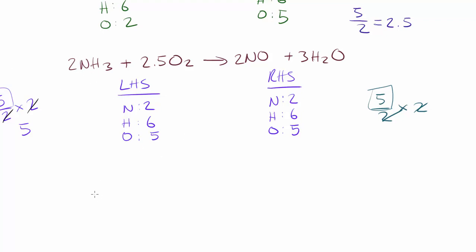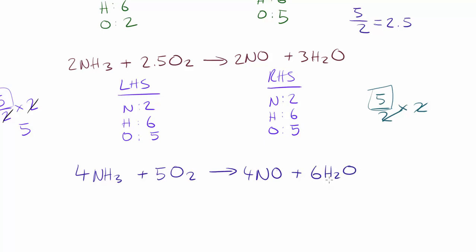And if I do that, let me use a different color. For NH₃, we're going to have 4 NH₃ instead of 2 NH₃, right? So we're just multiplying everything by 2. And then for 2.5 O₂, we're going to have 5 O₂, okay? And then instead of 2 NO, we're going to have 4 NO. And instead of 3 H₂O, we're going to have 6 H₂O, right?